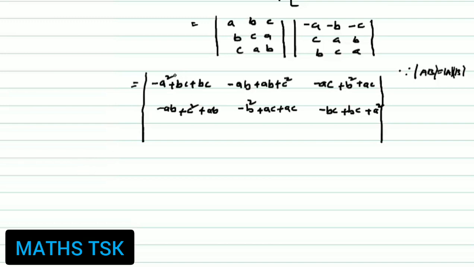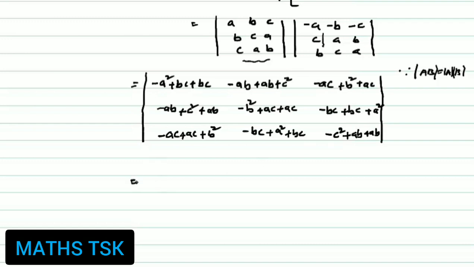Next row, third row with the first column. So I will get minus AC and then plus AC plus B square. And then the next element is minus BC plus A square plus BC. And then the last column is minus C square plus AB plus AB.